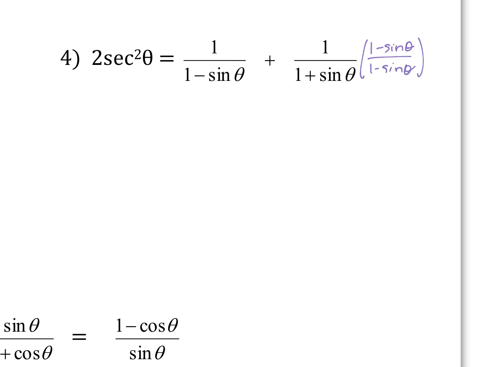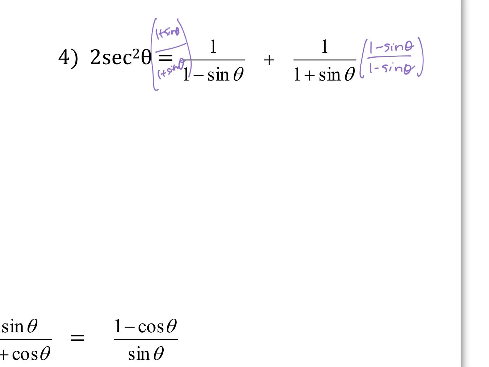And this term is going to have to get multiplied top and bottom. I'm going to squish this in. There's not quite as much room as with 1 plus the sine of theta. So what we have then in our numerator here, we have 1 plus sine theta plus 1 minus sine theta.